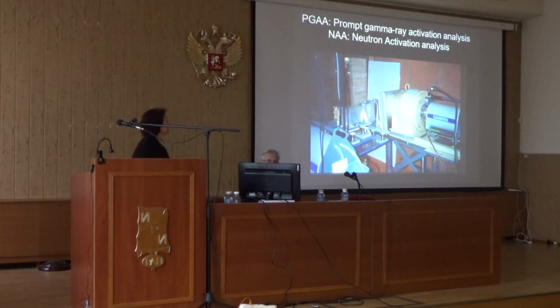In the past, I've also been using prompt gamma ray activation, and I was not happy about the results at all, because I had, of course, small items, because we put them in the chamber, and they were patinated. It was fibulae, small objects, and so on.